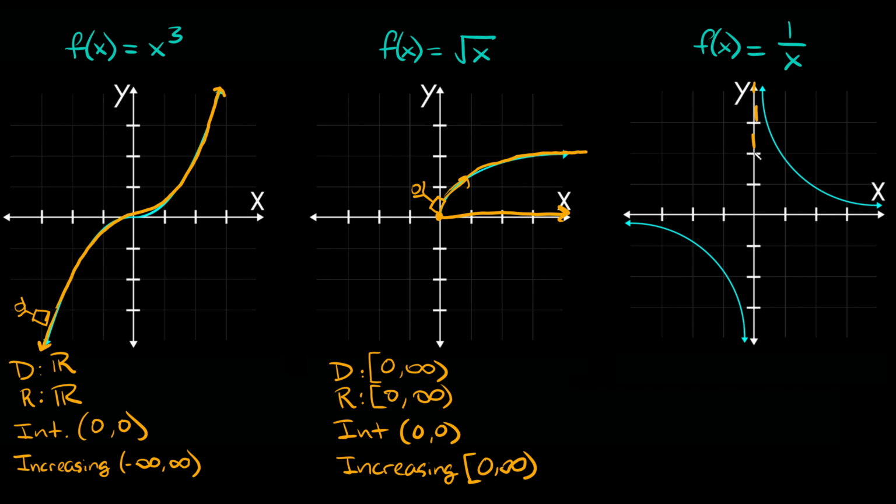We have one along the y-axis, and we also have one along the x-axis. These graphs right here in blue get very, very close to these asymptotes, but they never actually touch the asymptotes. With that in mind, let's find the domain and range.